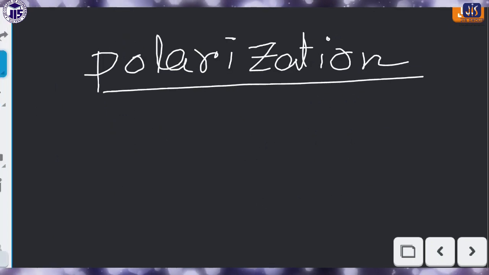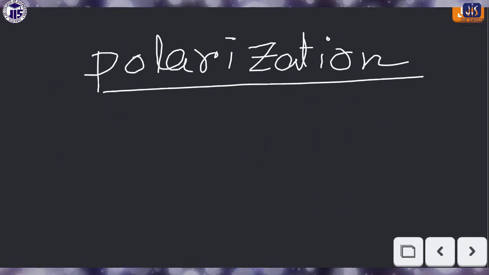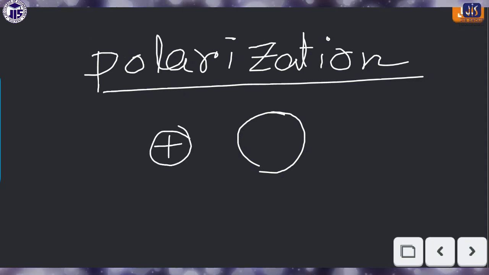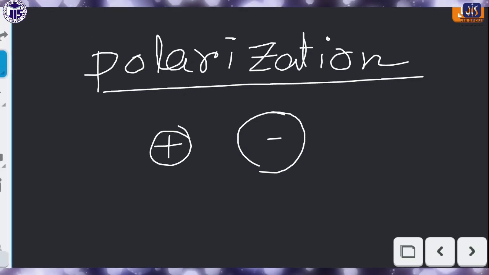So polarization means it is the deformation of the anions. Normally, the size of the anions becomes larger with respect to the cations. So what happens when one cation attracts the anion?